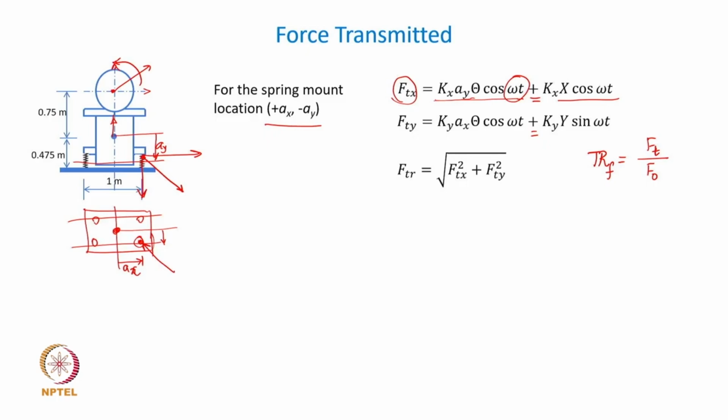If you want to do that, you will have to actually get this expression by substituting appropriate numeric values. So, you will have to get an FTR expression, which will be square root of these two expressions being used and appropriate values of kx, x and omega being substituted there, right.